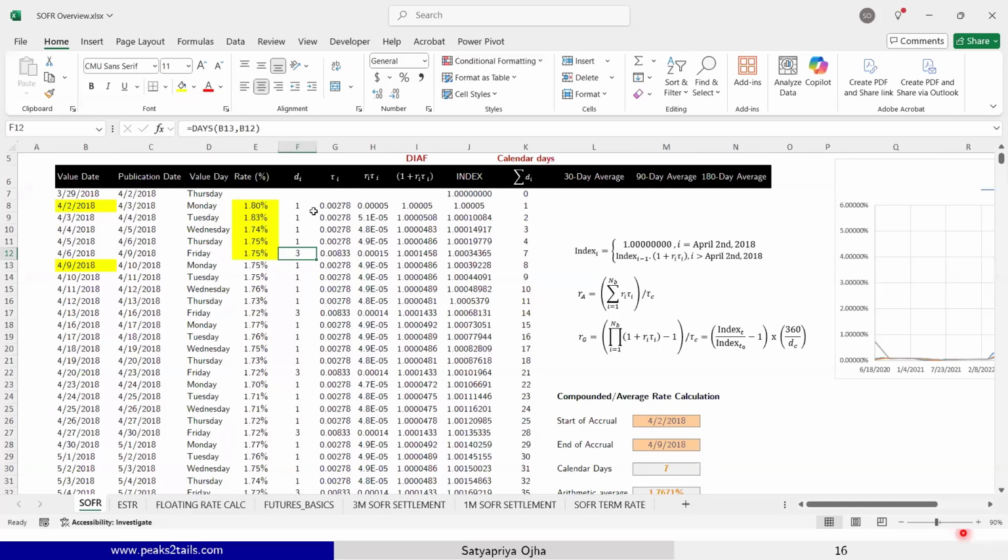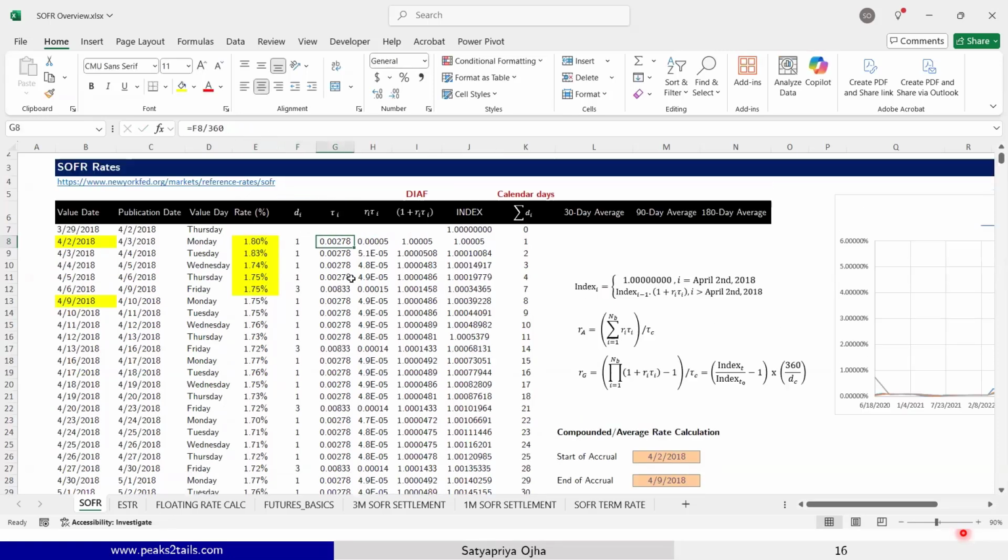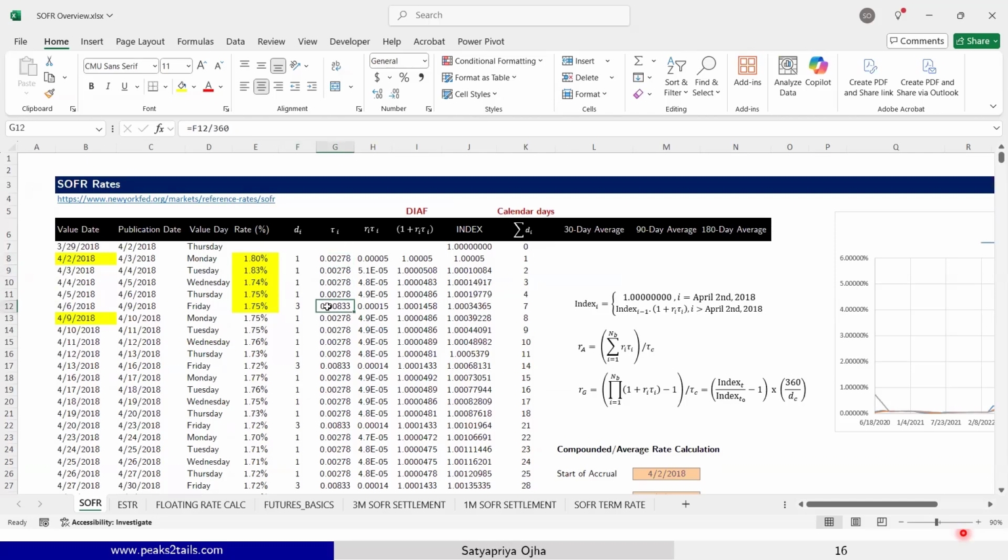So yeah, first step is to calculate, let's say, the year fraction. Year fraction is simply actual divided by 360. So D divided by 360 is your year fraction. For Friday, it will be different, 3 divided by 360. Then what I want to calculate is 1 plus R times D by 360, or R times tau. Tau is the year fraction. So that is what I'm doing.